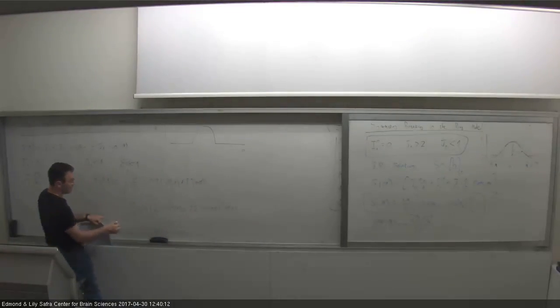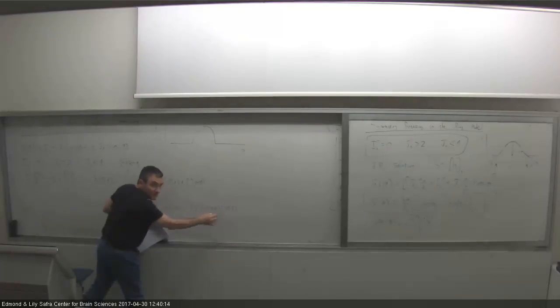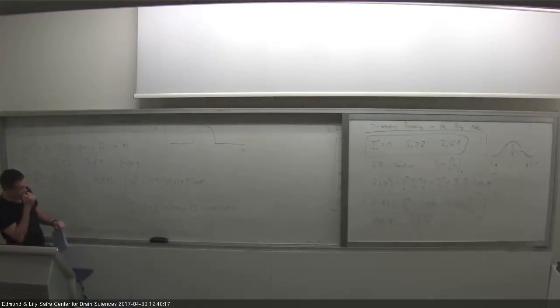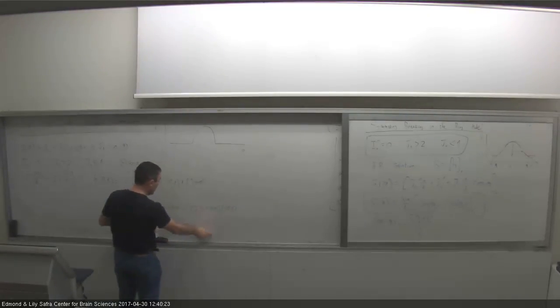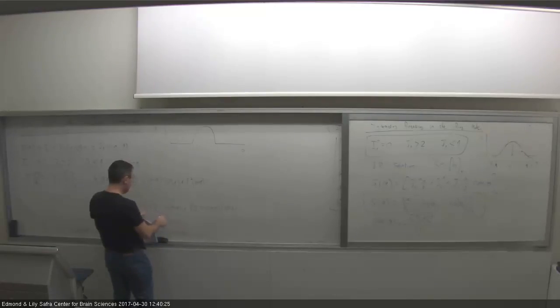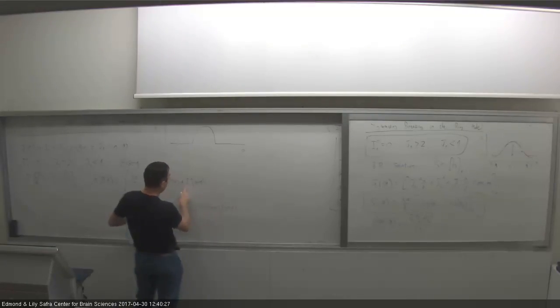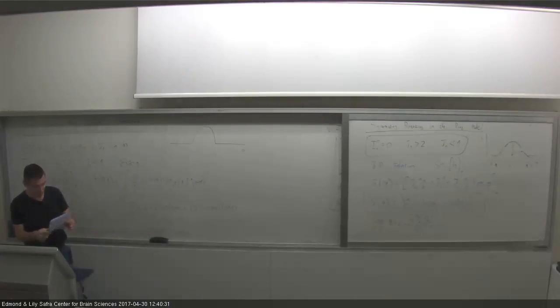This is an interesting part of the equation, and we already know the contribution of the part J0 plus J1 cosine plus the external input. This would give us this bump solution.